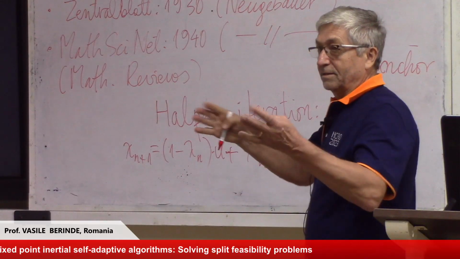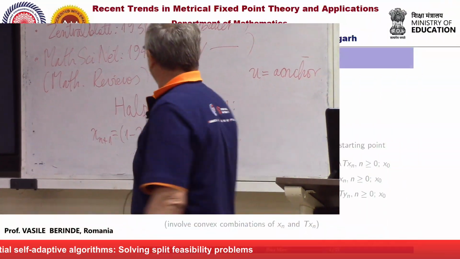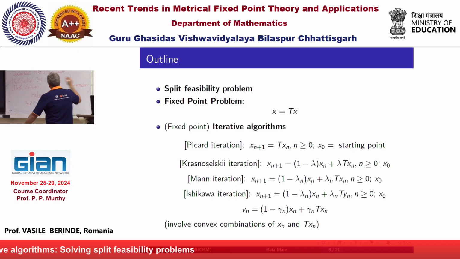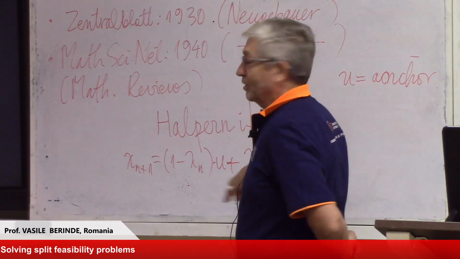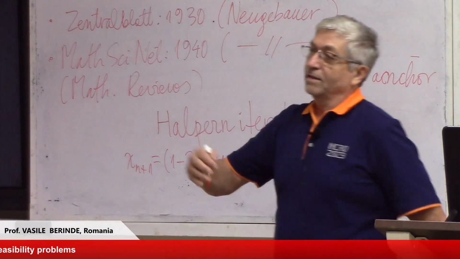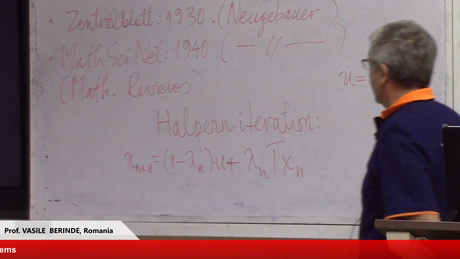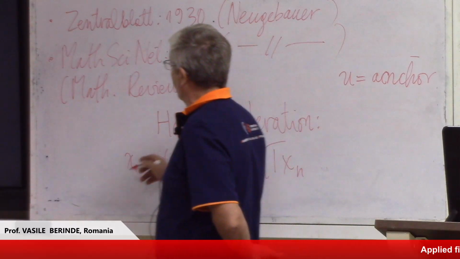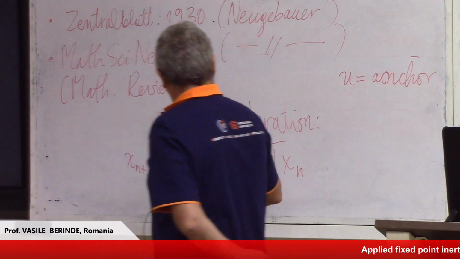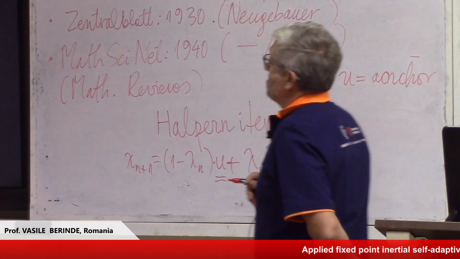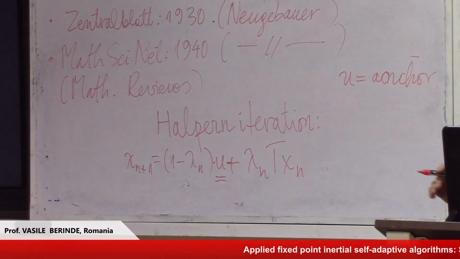We anchor the iteration on this point taken from the beginning, and this iteration has the property that we get strong convergence.